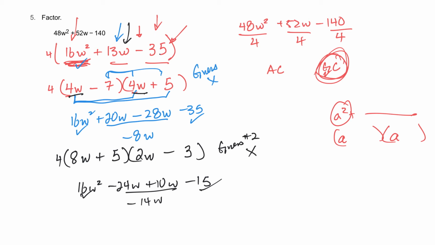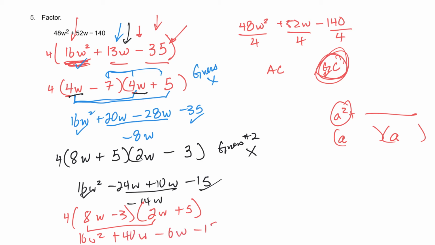Now, just looking at the numbers, another option I could do is a 4, 8w minus 3 and a 2w plus 5, 16w squared plus 40w minus 6w minus 15. That doesn't give me 13. I don't know.